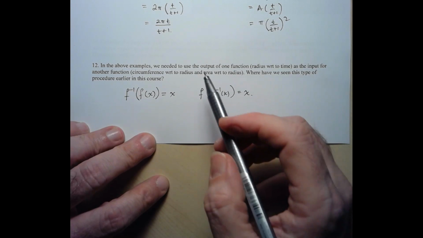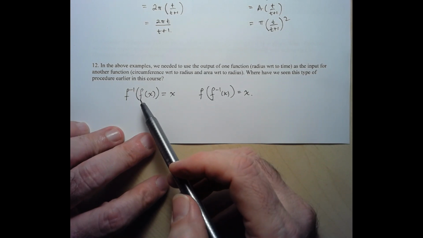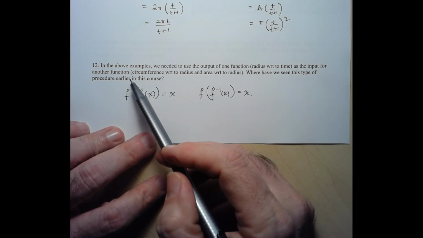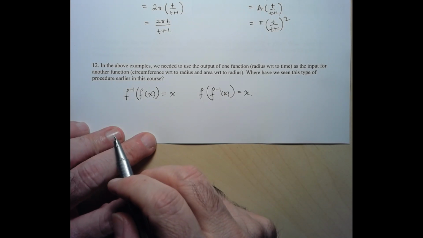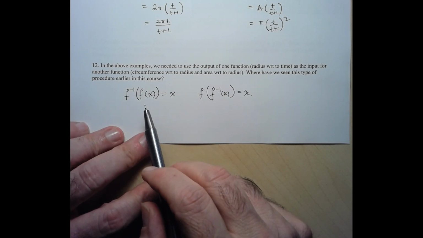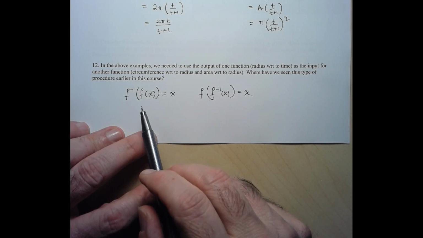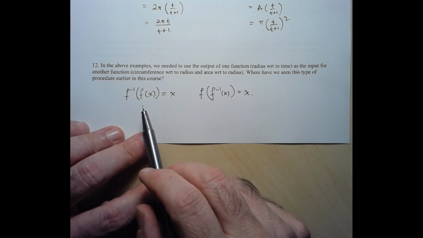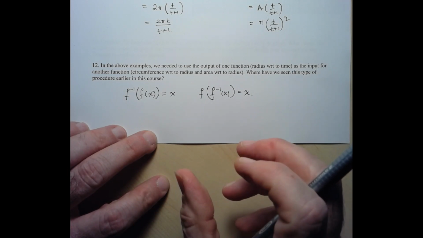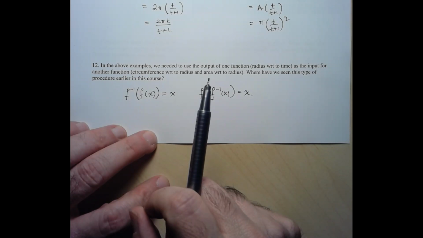Okay, so this idea of combining functions where the output of one function becomes the input to the other. But what's very important to understand is this is not a combination that necessarily involves multiplying two functions, dividing two functions, adding two functions, subtracting two functions. It's not an operation between the y values of the functions.